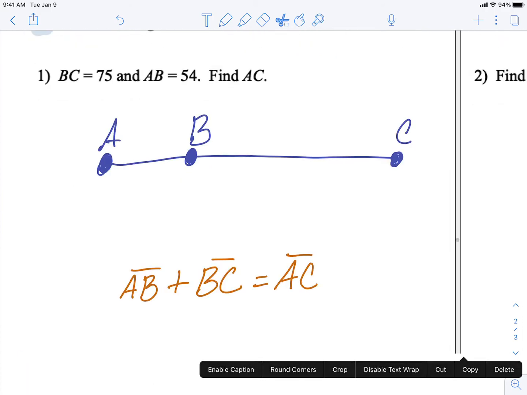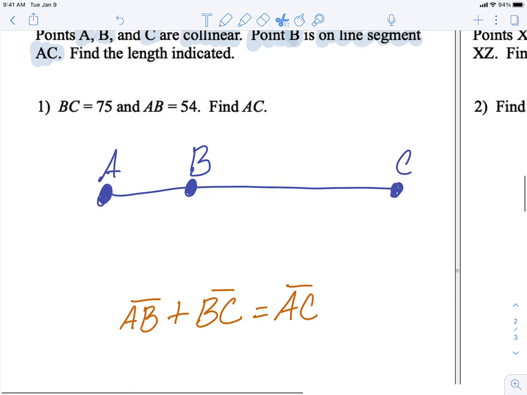All right. So let's fill in the information now that they give us. BC is 75. From B to C is 75. Next, it says from A to B is 54.